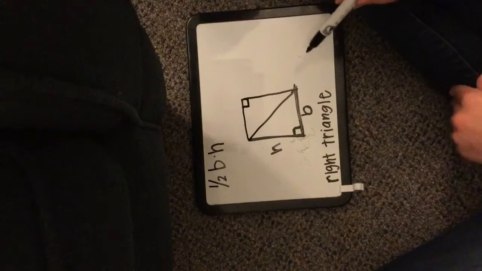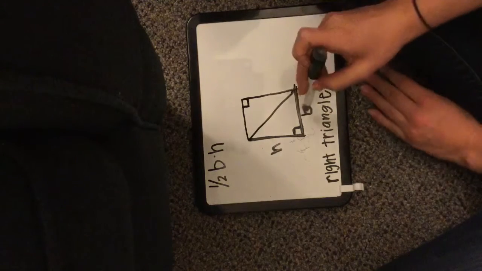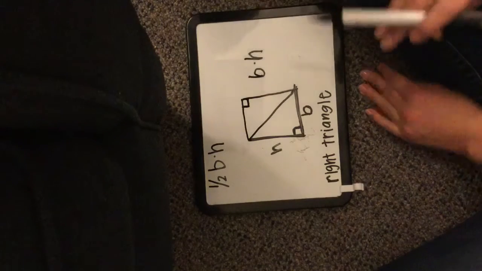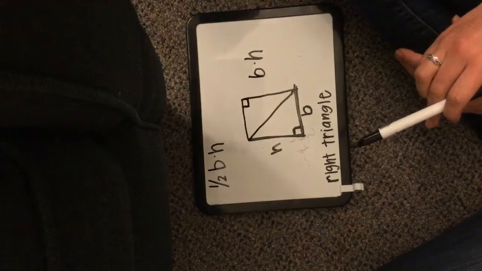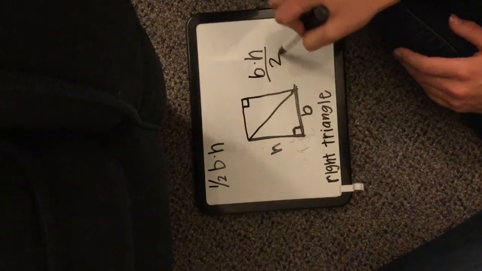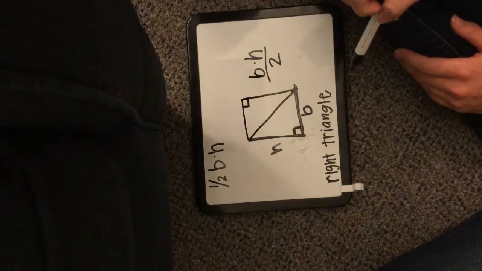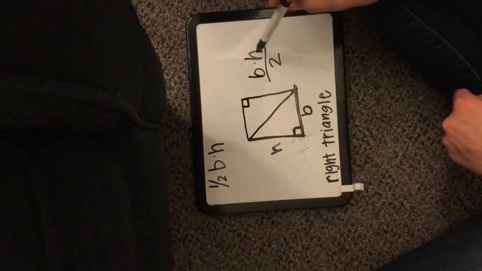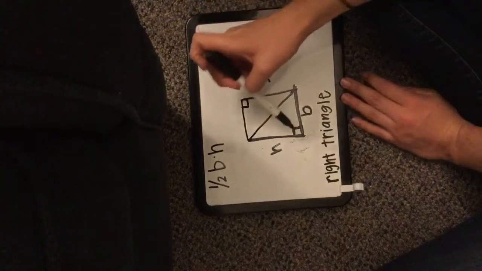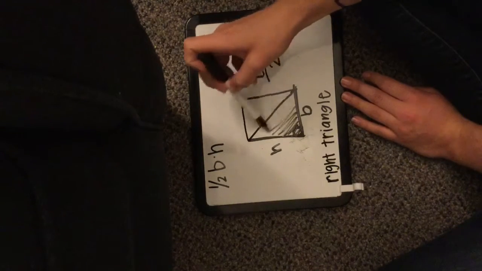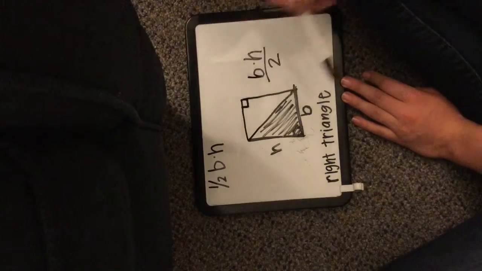We are then able to find the area of the rectangle by using our base times our height and dividing it by 2. We divide the area of the rectangle by 2 because, as we can see, our original triangle is half of the rectangle.